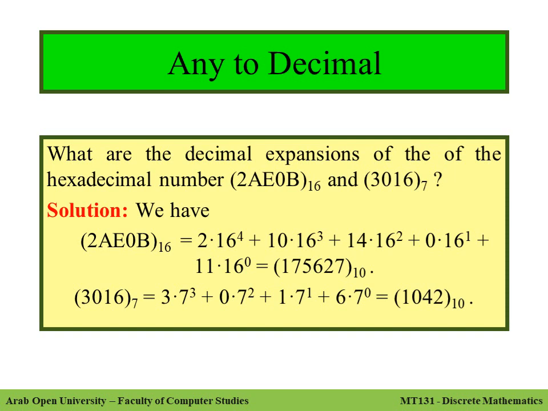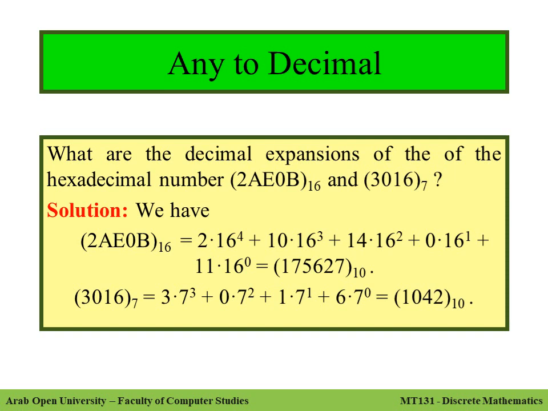What are the decimal expansions of the hexadecimal number? The first number is base 16, and the second number is base 7. These are two separate conversions. For the first one, since this is base 16, every number is multiplied by a power of 16, depending on the location. We have 1, 2, 3, 4, 5 digits.